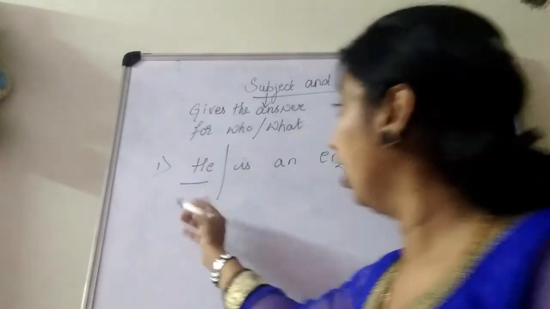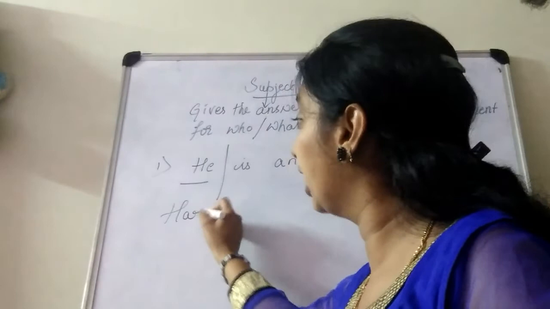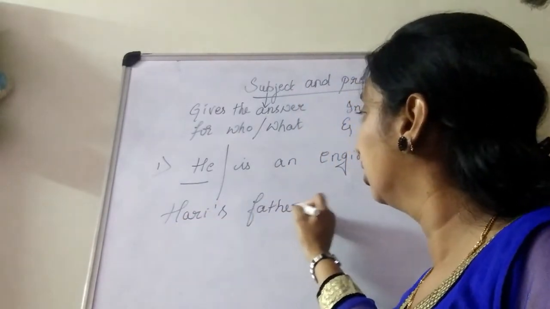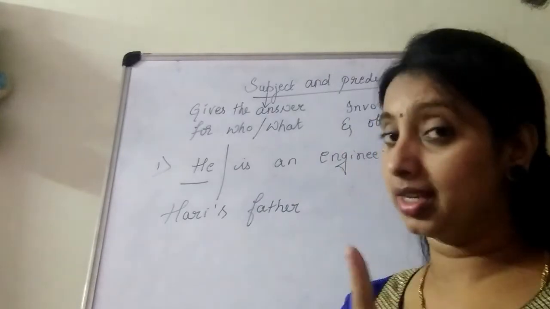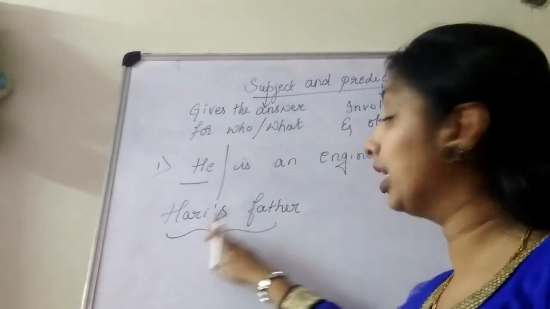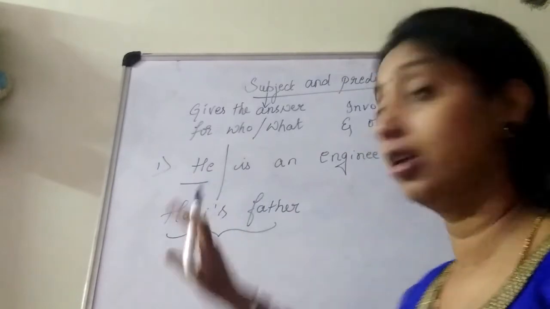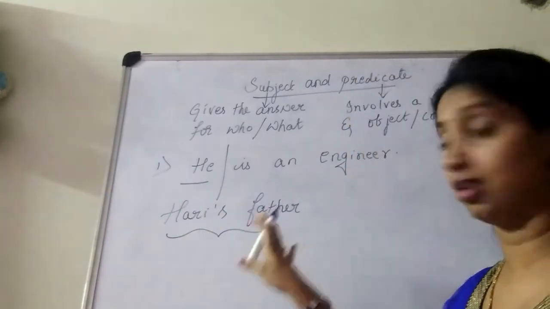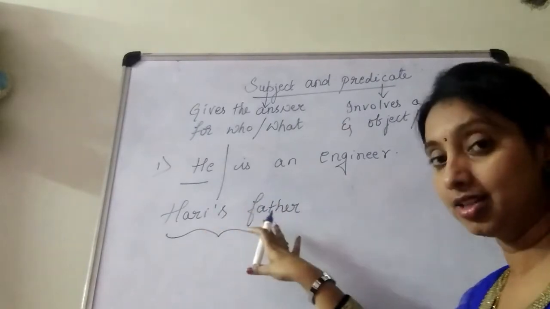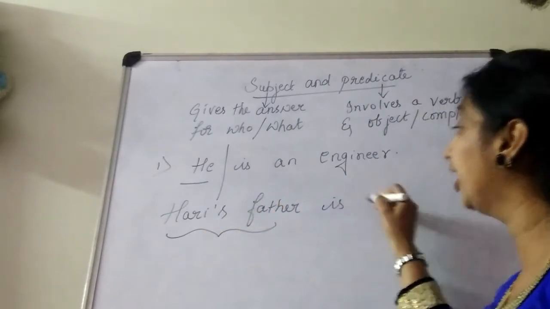If I say, instead of he, Hari's father. Here we don't have only a single word, but we have two words. But whose father is he? Hari's father. Not only a father is an engineer, but whose father is an engineer? Hari's father is an engineer.